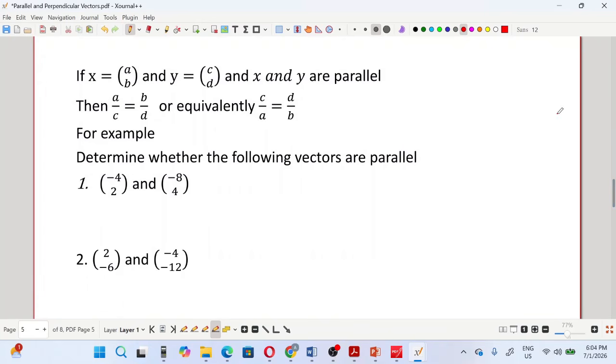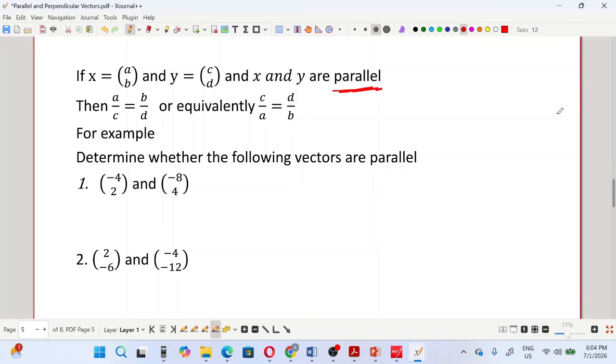If X is equal to a column vector (a, b) and Y is equal to a column vector (c, d), and X and Y are parallel, then remember in this component form, a is our x and b is our y. Likewise for the other vector, c is my x and d is my y.